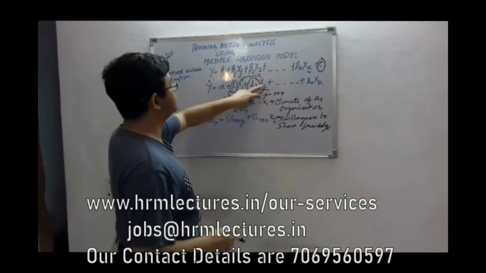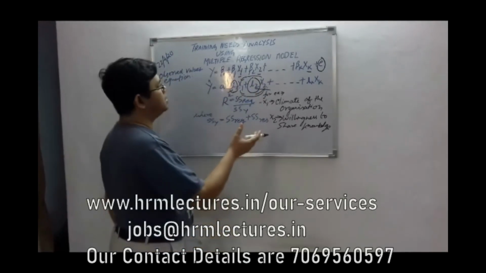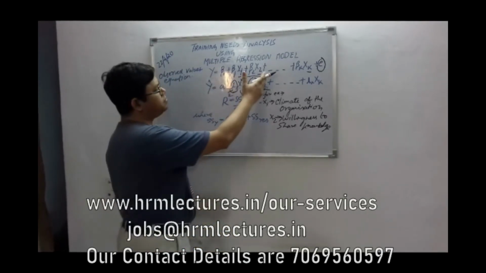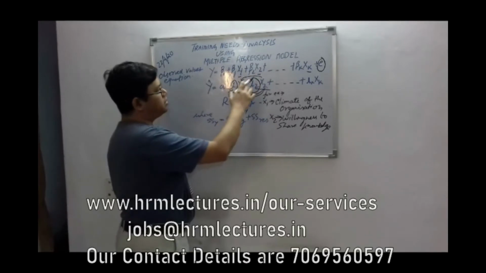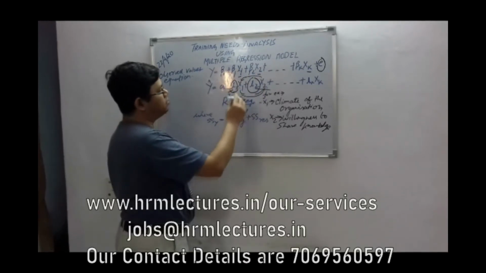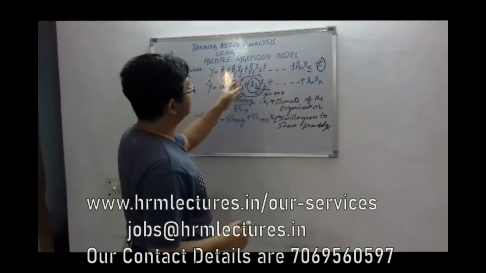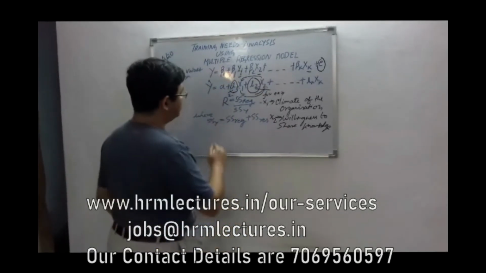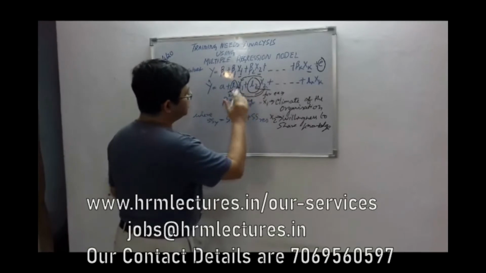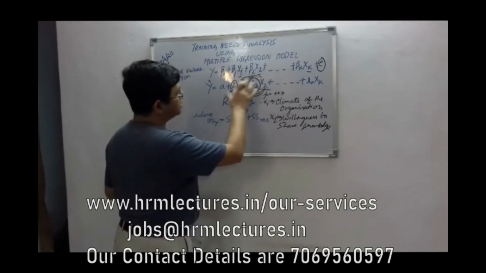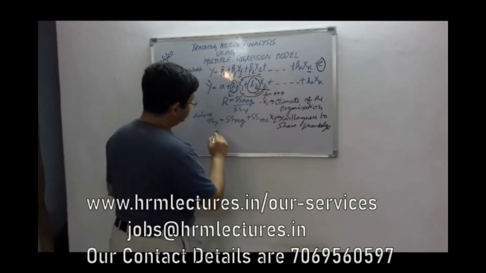So we regress x2 and x1 to find out the extent of influence of this variable on this one, and we regress this one on this to find out extent of influence of x1 on x2. So whatever we get is the residual values, the difference of the partial regression coefficients, whatever we get as the residual.